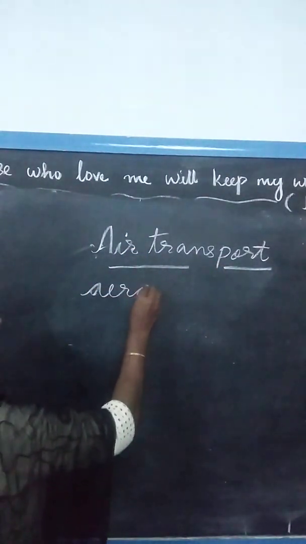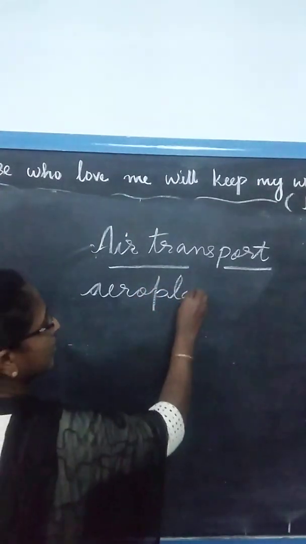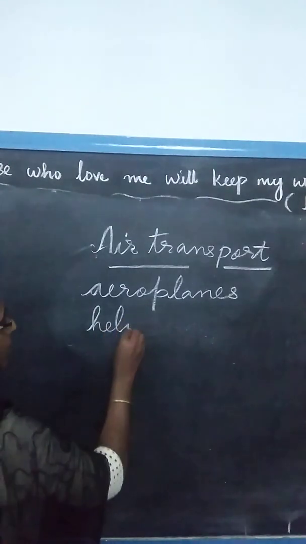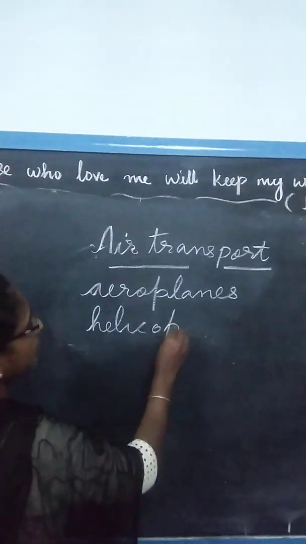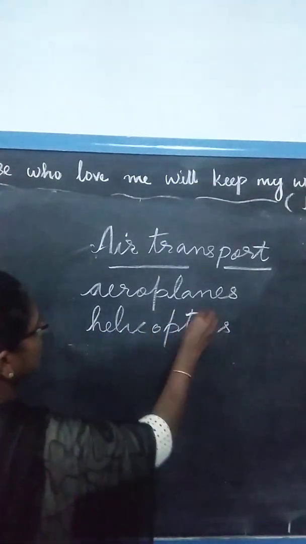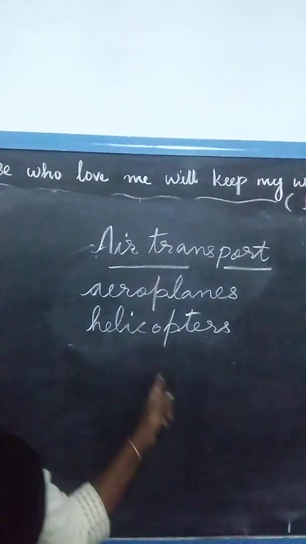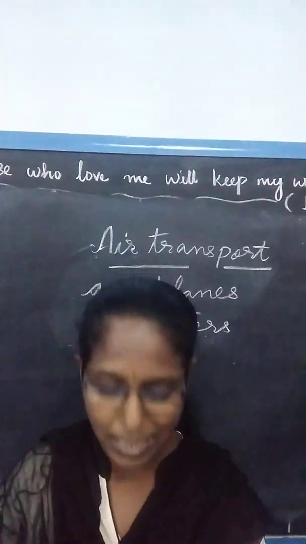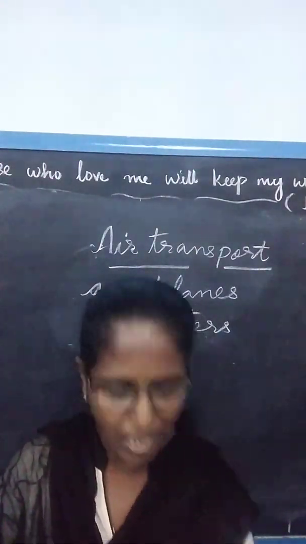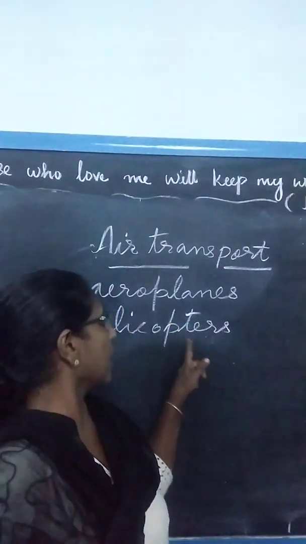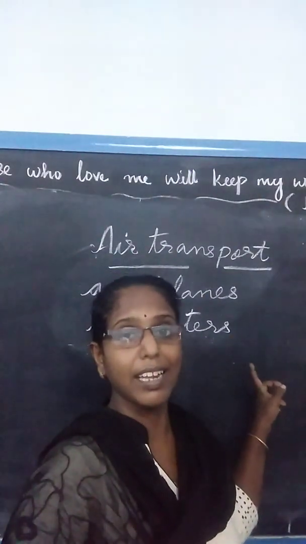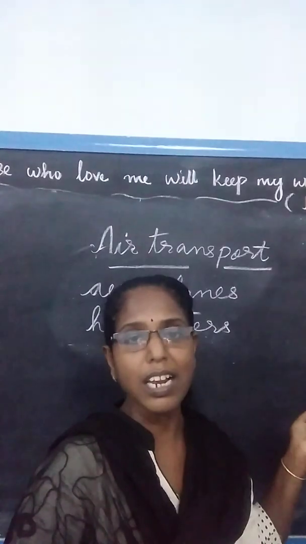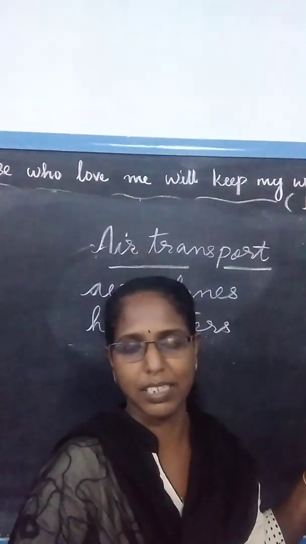Aeroplanes and helicopters. Aeroplanes are the fastest means of transport, and helicopters are used mostly in hilly areas. Hilly areas means where there are mountains and hills.